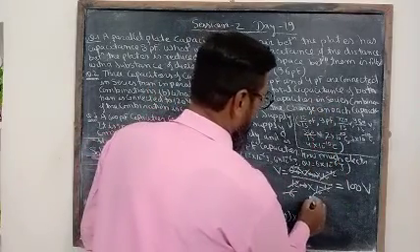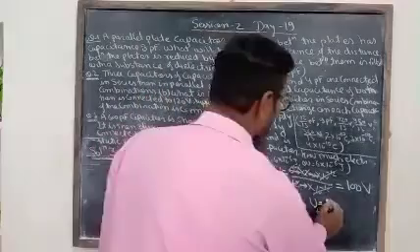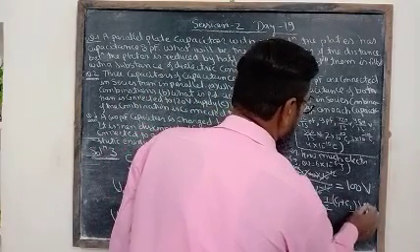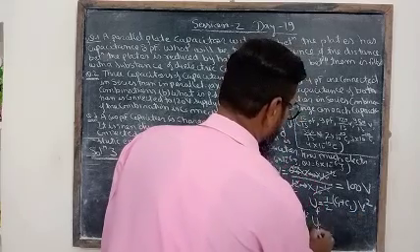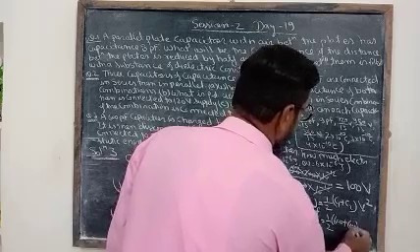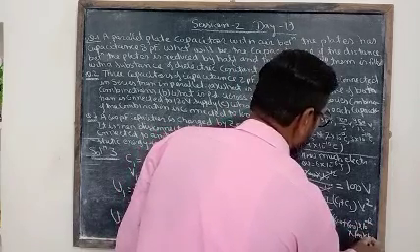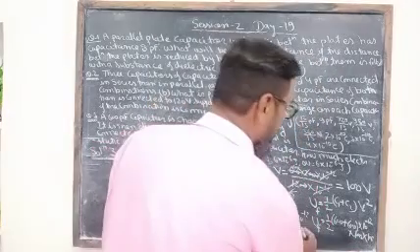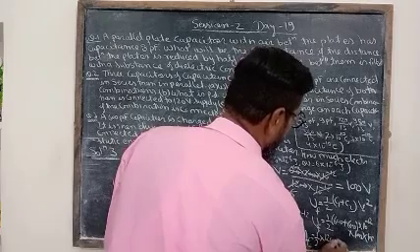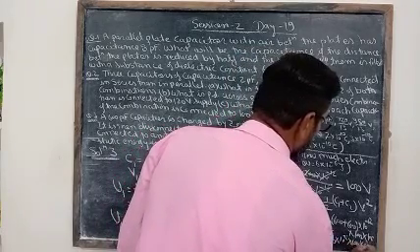Now we shall calculate the final electrostatic potential energy, which is equal to 1 by 2 into C1 plus C2 into V square. So the value of UF is equal to 1 by 2 into 600 plus 600 into 10 raised to the power minus 12 into 100 into 100. So UF is equal to 1 by 2 into 1200 into 10 raised to the power minus 12 into 100 into 100.